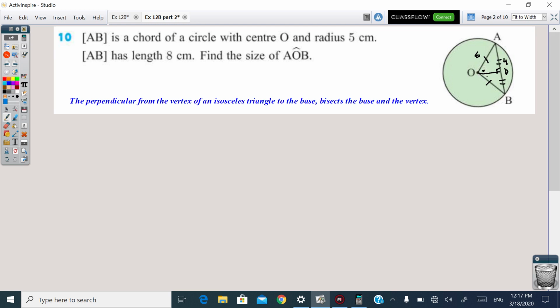The 4 is the opposite, the 5 is the hypotenuse, so the angle AOD is equal to sine inverse of the opposite over the hypotenuse.